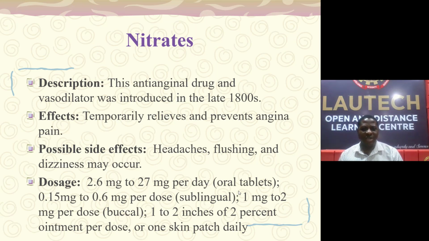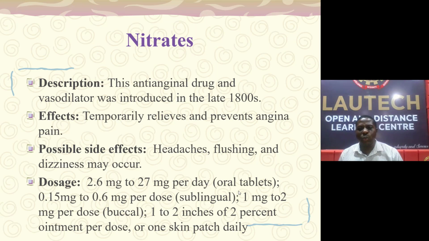The dosage of this drug is 2.6 milligram to 27 milligram per day in oral tablet form, then 0.15 milligram to 0.6 milligram per dose sublingually, and 1 milligram to 2 milligram per dose when taken buccally.